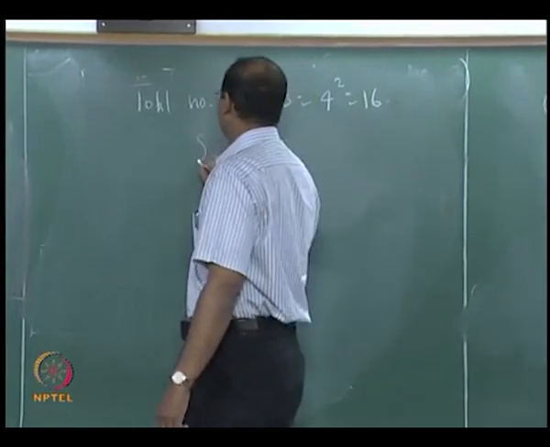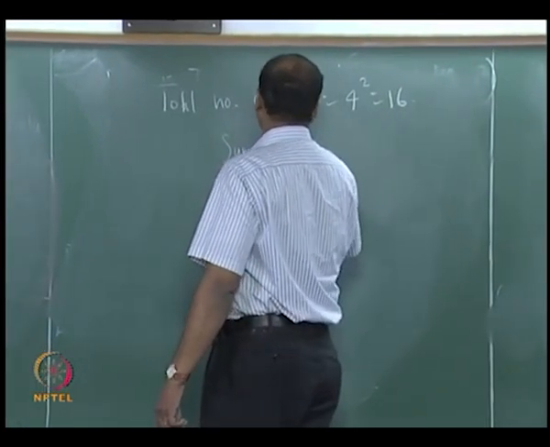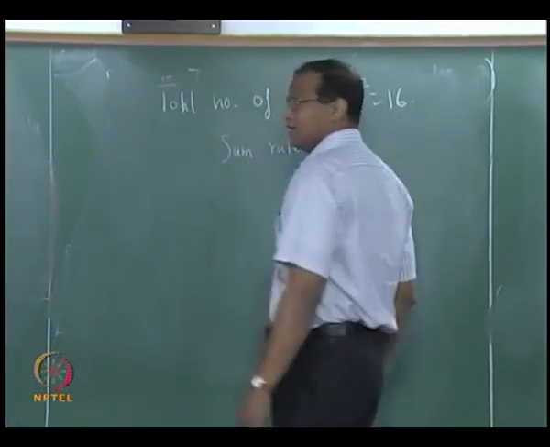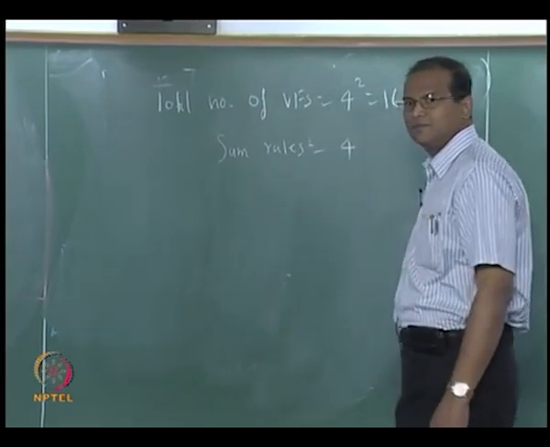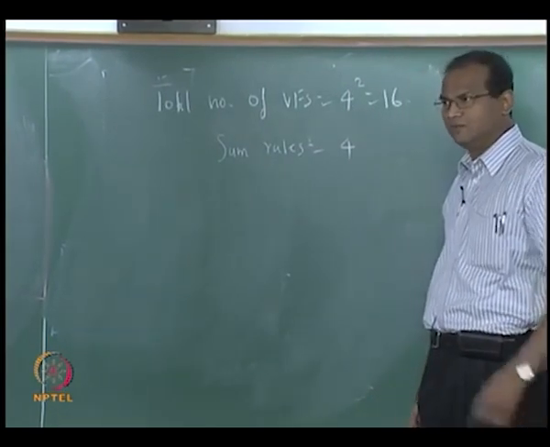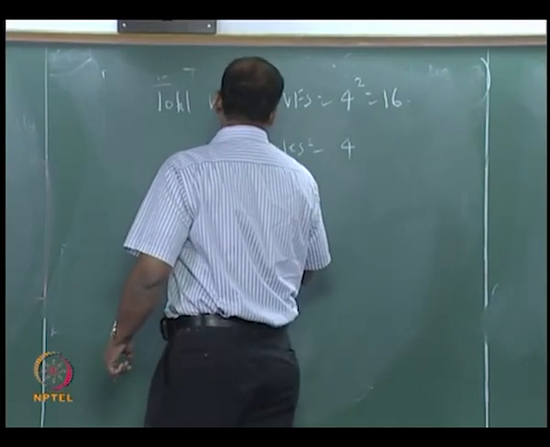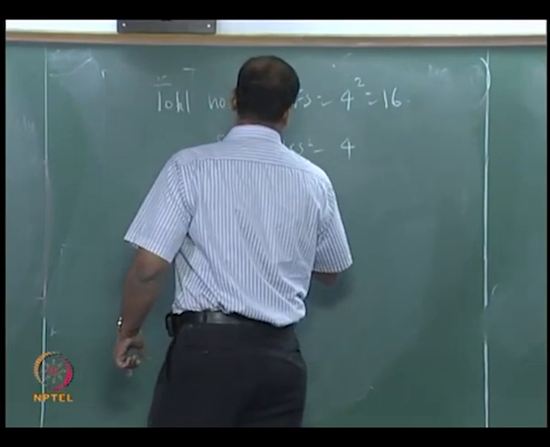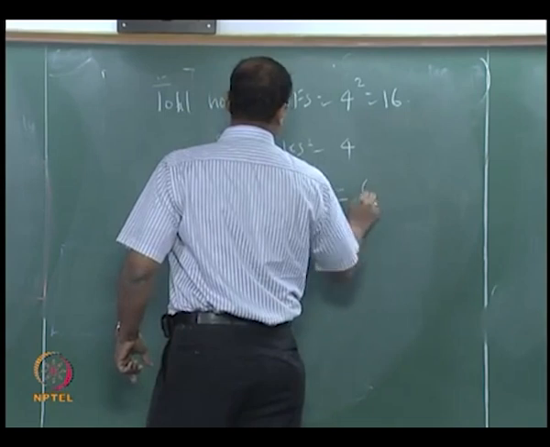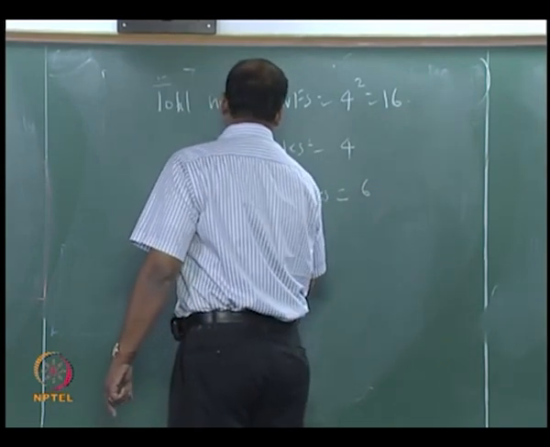Okay, some rules. Reciprocal rules: NC2, 4 into 3 by 2, 6. Self view factor: 4.